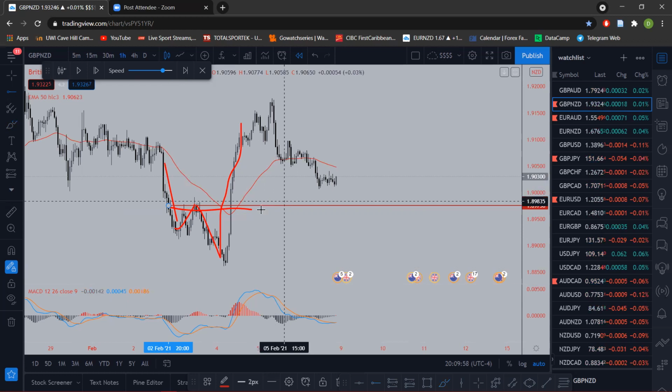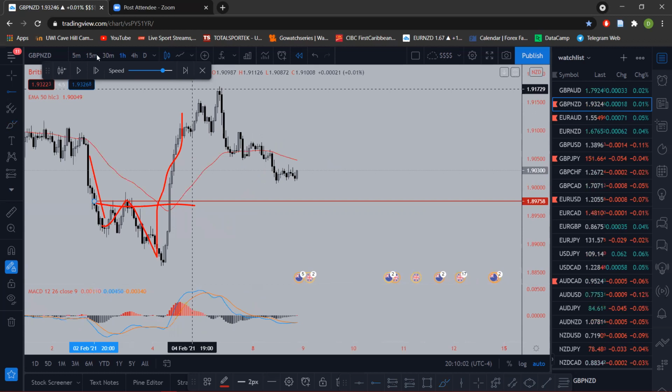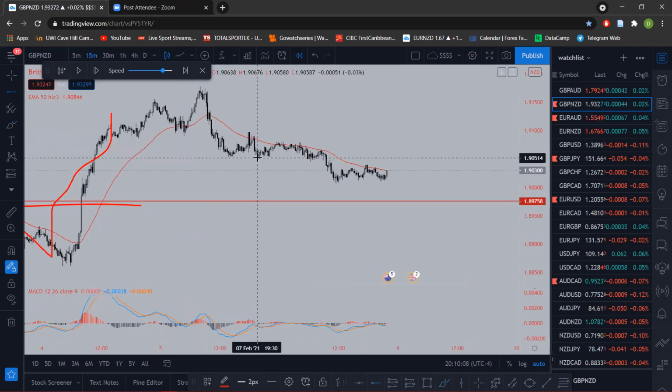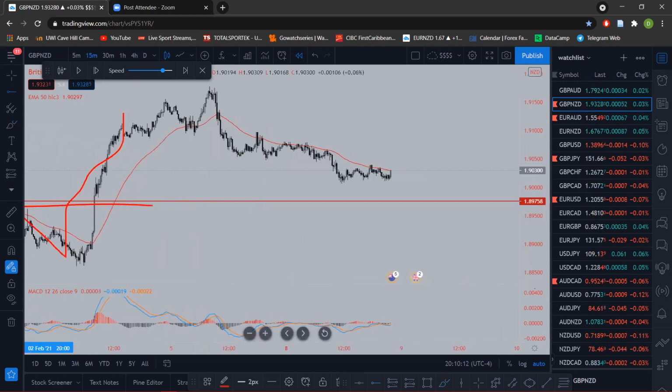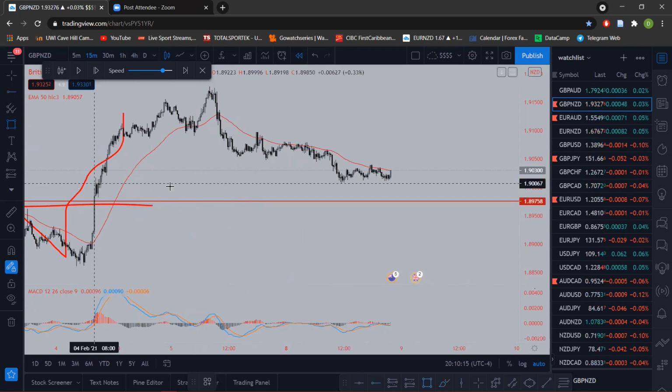Right? So at the moment, we're not seeing the engulfing candle on the 1 hour. So we probably drop down a time frame or two, probably 15 minutes, and then we look again. So in this area here, this is our engulfing candle zone.